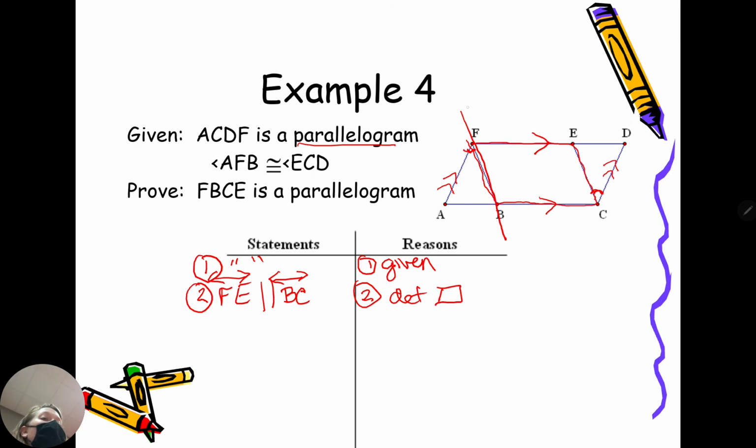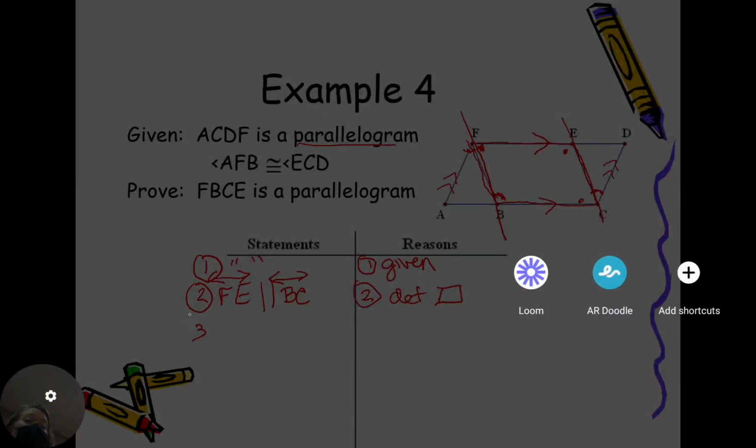Well, if that's a transversal, this guy here and this guy here are same side interior angles. I believe that means they are supplementary, right? And the same thing is here with this transversal. These are parallel lines. That means these are supplementary, right? So let's go ahead and put that in the proof.